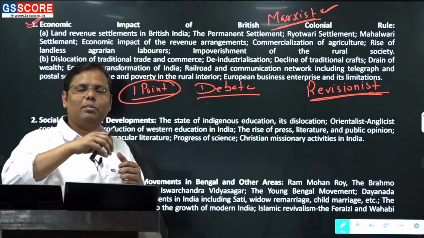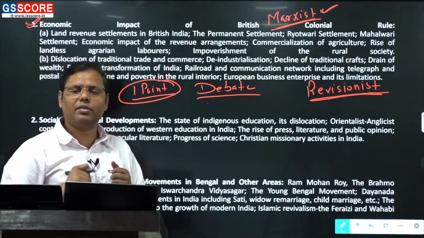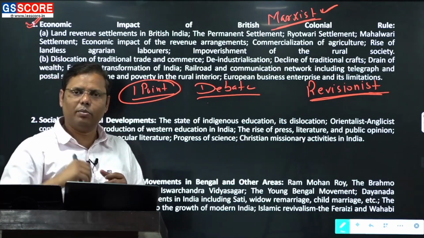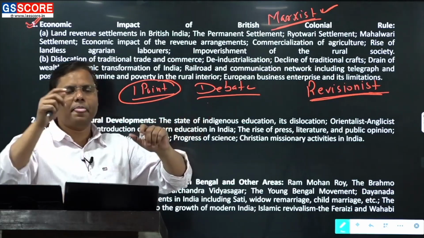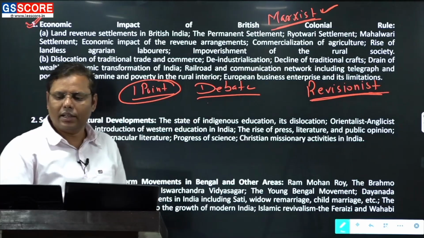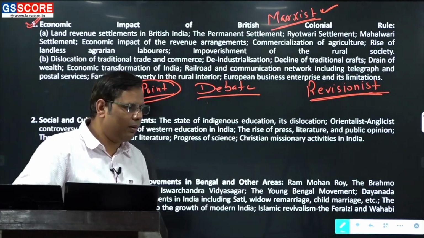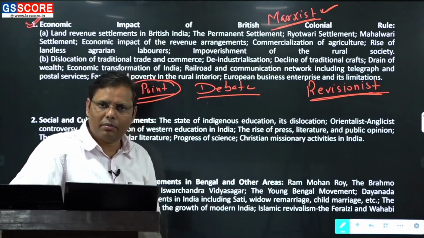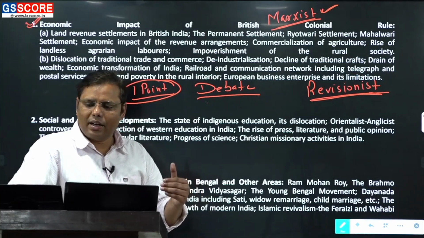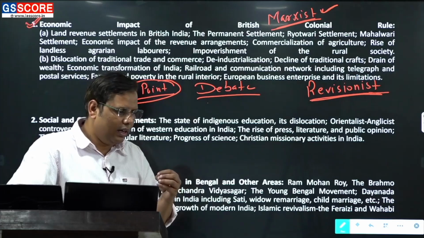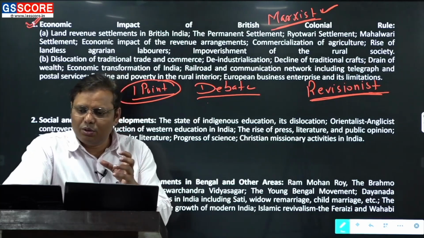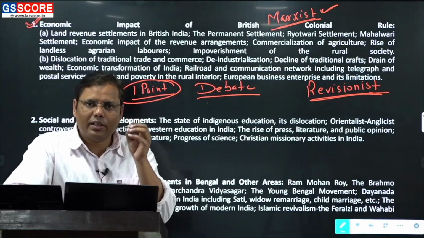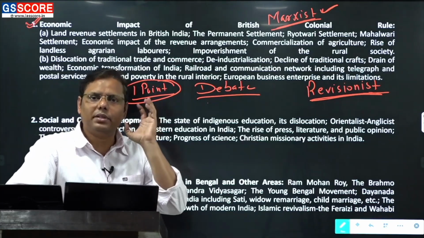राइट ऐसा नहीं कि आप उसने पढ़ लिया कि deindustrialization what are the causes for the deindustrialization, what are the major arguments for the deindustrialization. You can't see it in this way. Let me give one example: if you talk about absentee landlordism, it is one of the reasons for the negative outcomes of the permanent settlement, but you should always think that a separate question may be asked to you on only absentee landlordism.